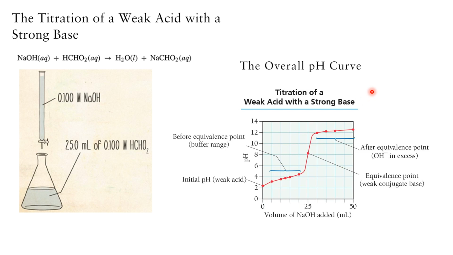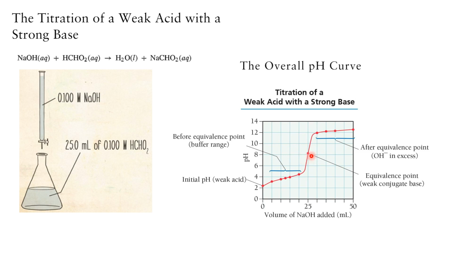Looks pretty similar to strong acid, strong base. What's the only difference here? Well, the biggest difference, I would say, between the titration of a strong acid and a strong base versus a titration of a weak acid and a strong base, is the equivalence point. The equivalence point is not 7, right?